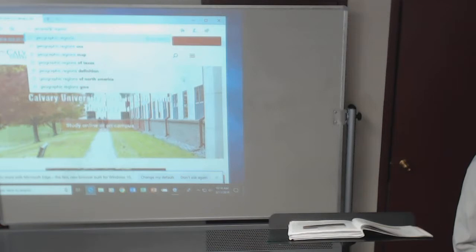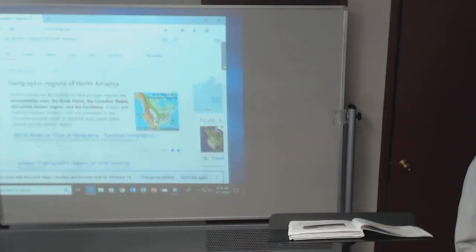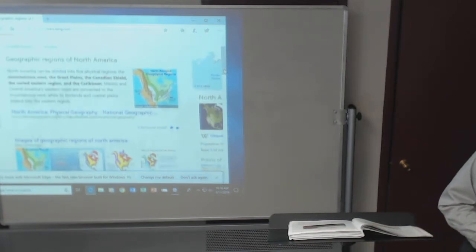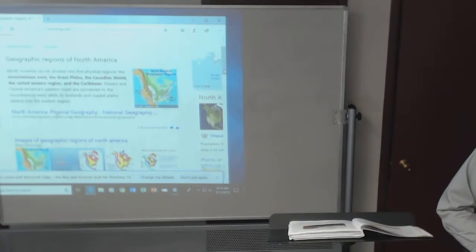Geographic regions of North America. Whoa! Look at that. North America can be divided into 5 physical regions. Did you know that? The mountainous west, the Great Plains, the Canadian Shield, the Eastern region, and the Caribbean.